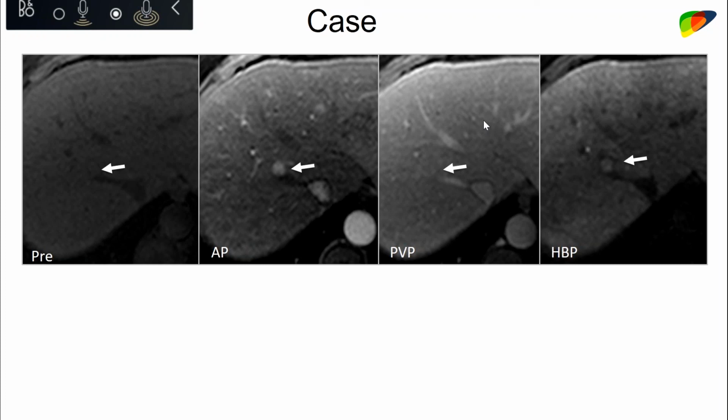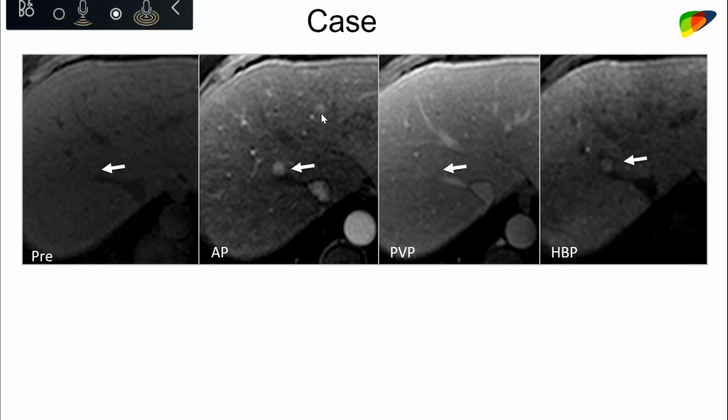Will it change your LI-RADS category? Can you see my mouse? Yes, I can. So is this the lesion you are talking about? Yes, it is. I think it shows central washout in the portal phase.